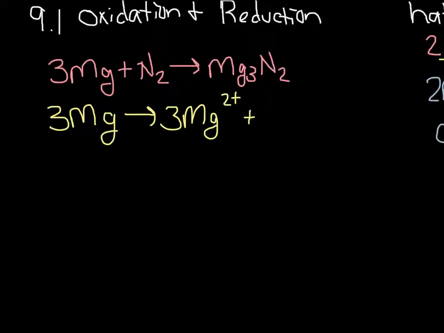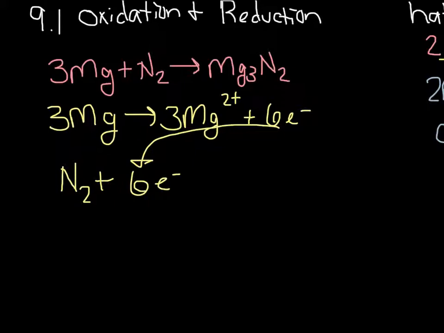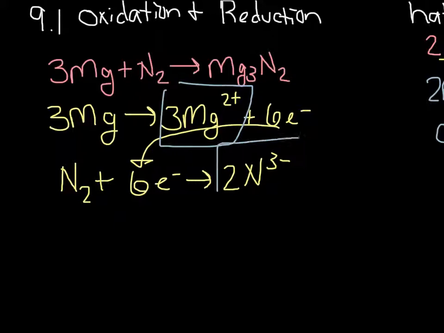And since we have 3 magnesiums there, that means we have 6 total electrons being released. Nitrogen is going to be the one accepting those electrons to create 2 nitrogen ions. And so here we have the ions that are formed due to the transfer of those electrons.